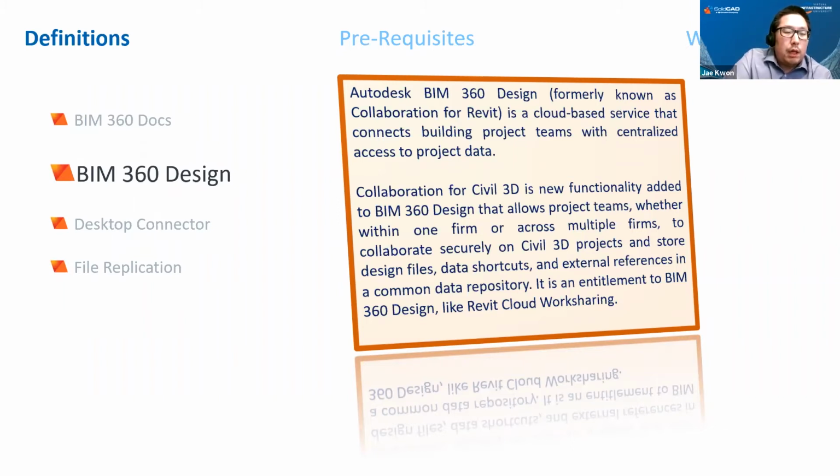So what it does is it lets us host Civil 3D drawings on the BIM 360 platform and have all the data shortcuts, XREFs, and everything else that you need, like sheet sets and that kind of thing, have all those things work, right? That's important because without all those things, you can't host your entire project on the BIM 360 platform.